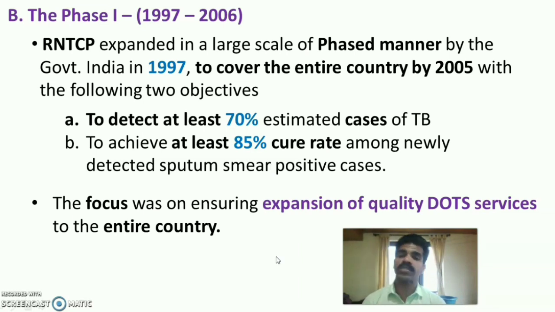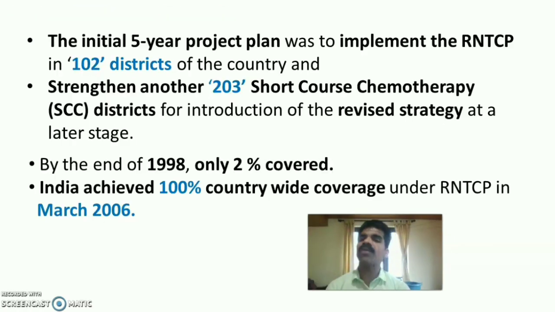The main focus of phase 1 of RNTCP was on ensuring the expansion of quality DOTS services, that is, quality directly observed treatment short course services, to the whole country. As we have already said, it was a phased expansion of RNTCP throughout the country.